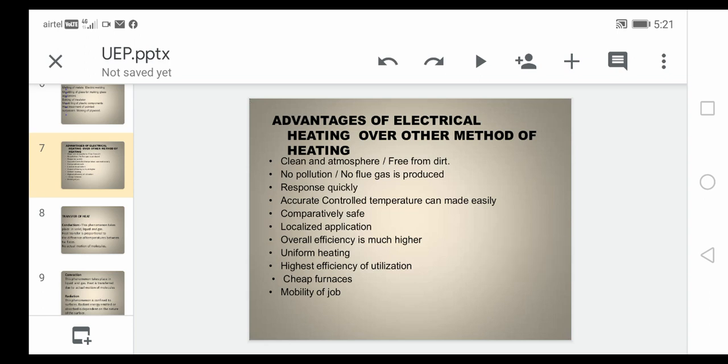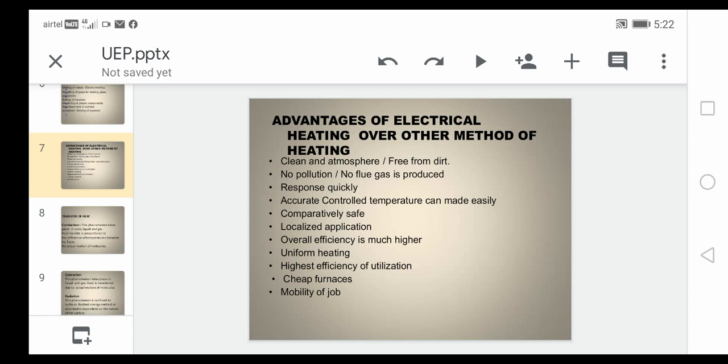But in the case of wood, gas, or kerosene, we need continuous concentration on that particular food item, whether it is heated or not. Whenever it is boiled we need to move the plate. But with an electric rice cooker we are not doing so. That is the advantage of electric heating.